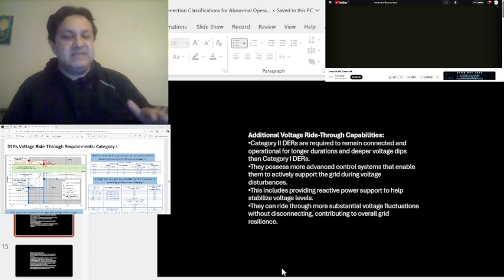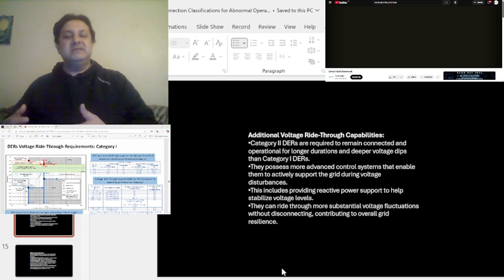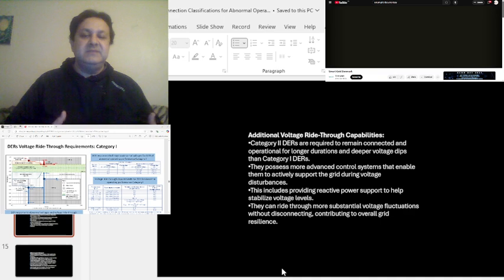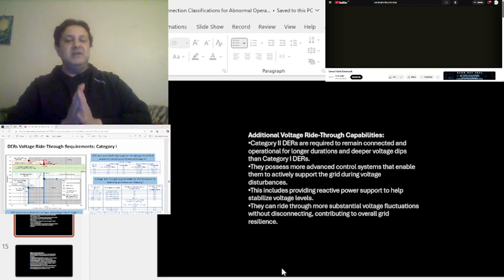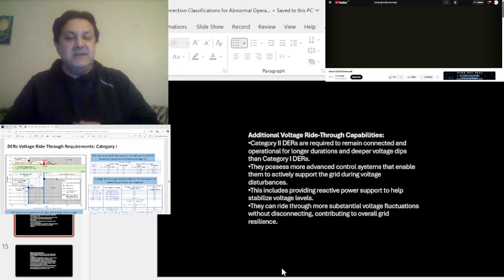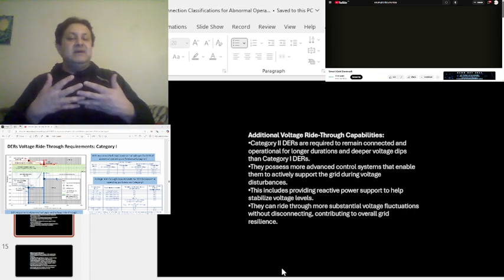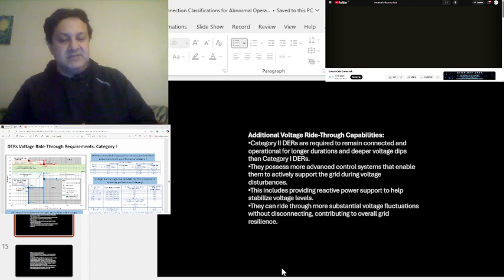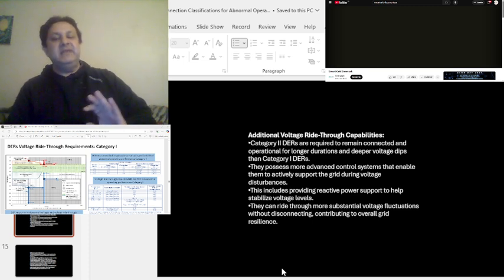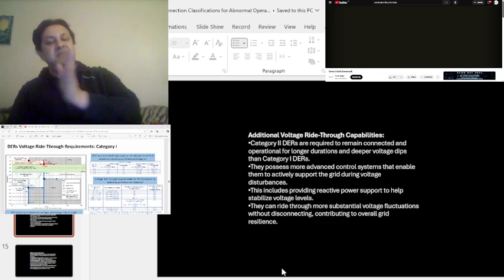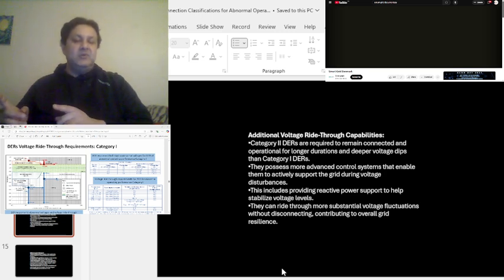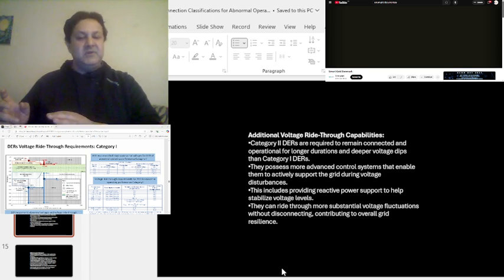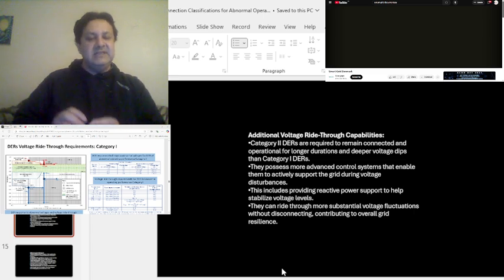So they possess more advanced control systems that enable them to actively support the grid during voltage disturbances. So what happens in this kind of arrangement is a more advanced and more controlled system that enables them to actively support the grid during voltage disturbances. This includes providing reactive power support to help stabilize voltage levels. As we said before, for category 1, we were talking about reactive power, either injected or absorbed.